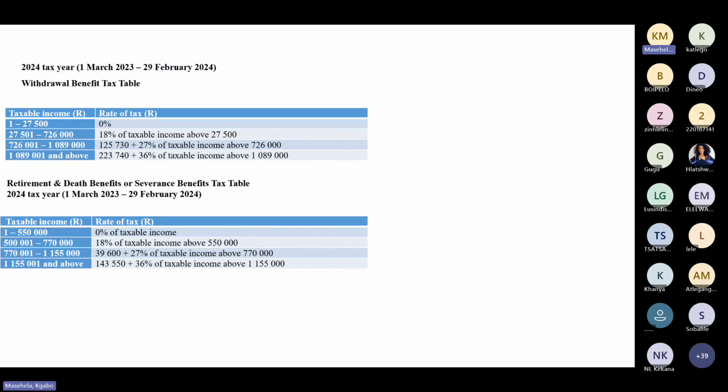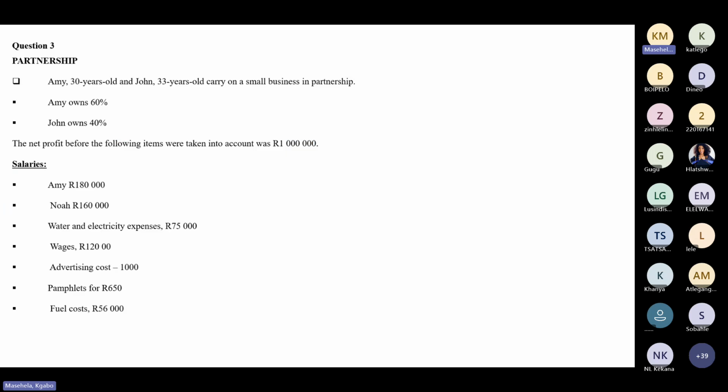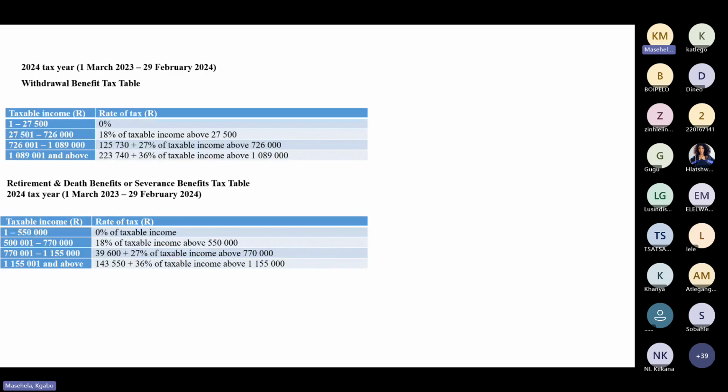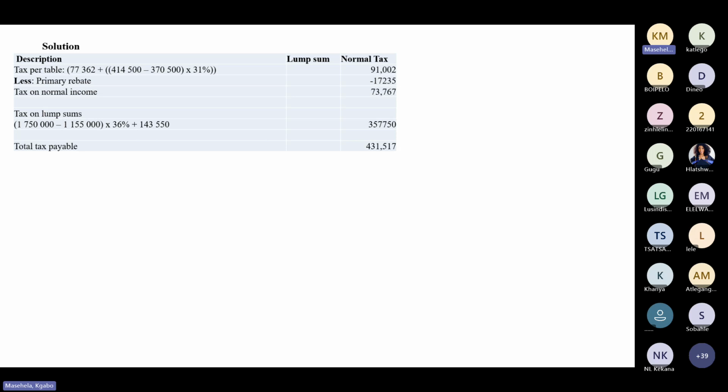Can you see? It's the last one, because it does exceed 1,155,000. That's why it's 1,750,000 minus 1,155,000 multiplied by 36% plus 143,550. Yes, we are correct in doing that. We are 100% correct.